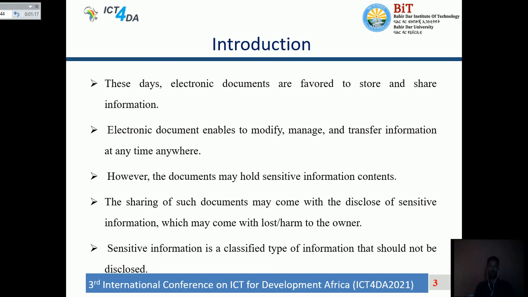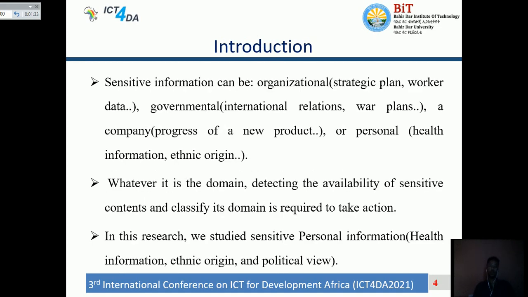Sensitive information is a classified type of information that should not be disclosed, and if it is disclosed, it has its own economic, mental, or other forms of losses to the owner of the information. Sensitive information can be organizational, governmental, a company's, or personal.